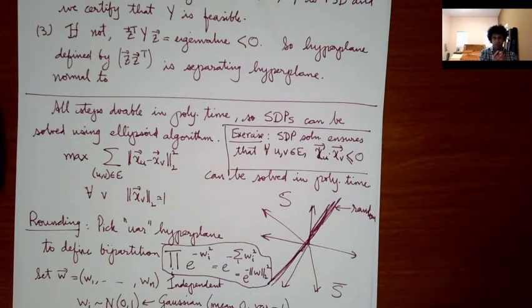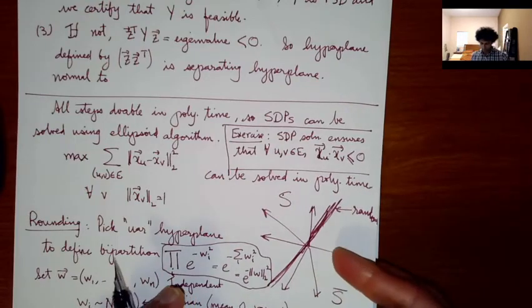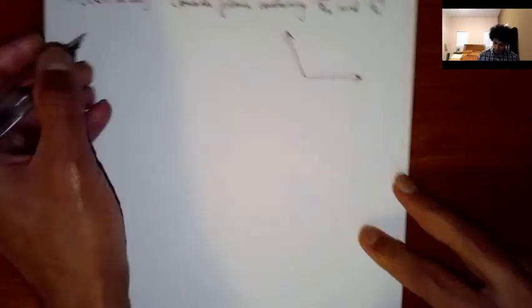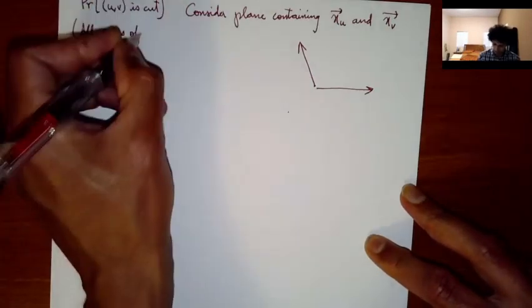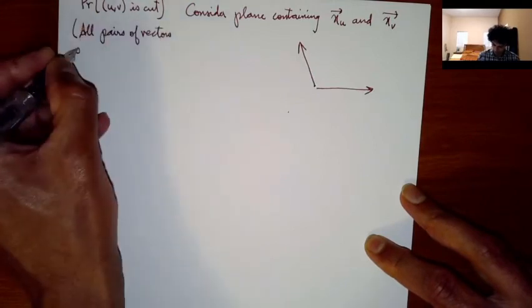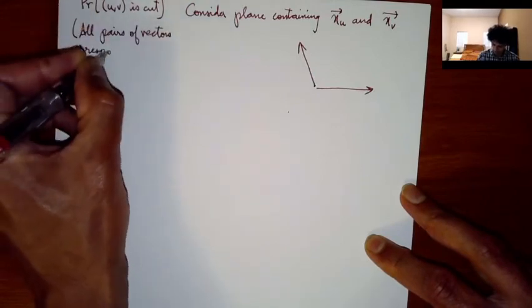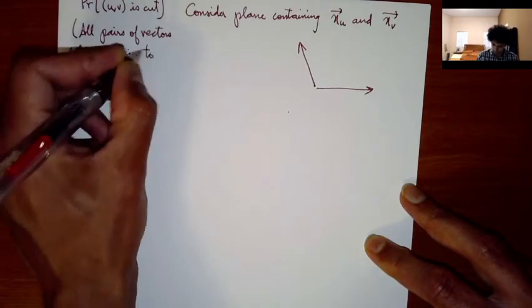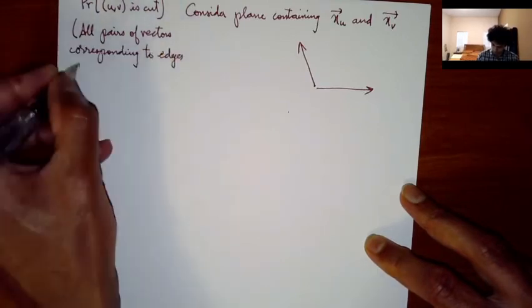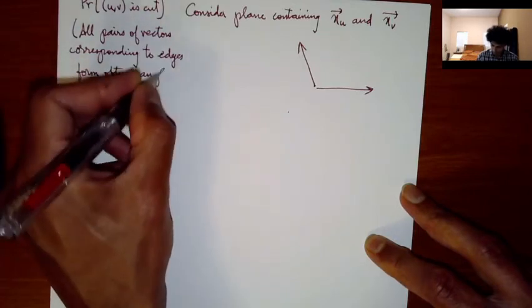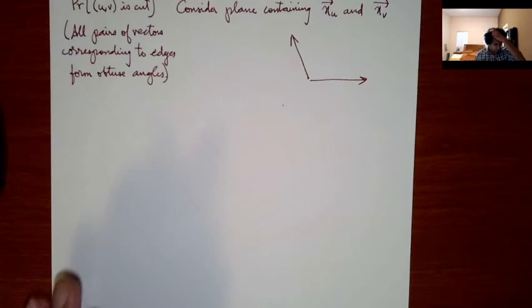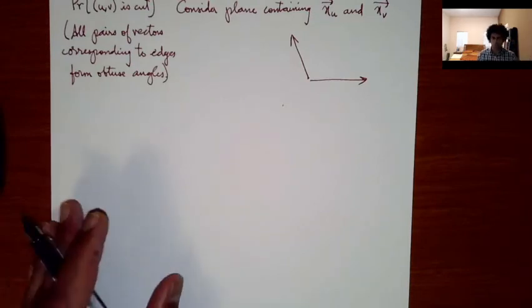If the dot product is less than 0, the angle is obtuse between all pairs of vectors corresponding to edges. This isn't particularly important for the analysis, but it's useful to keep in mind.